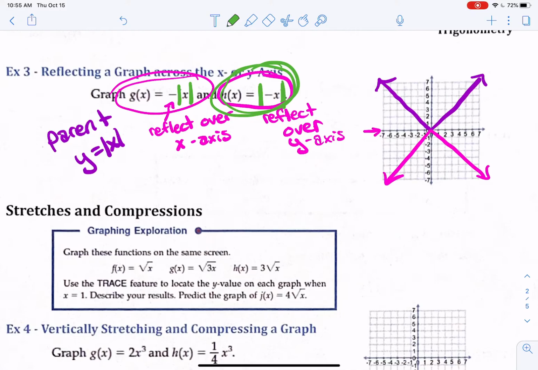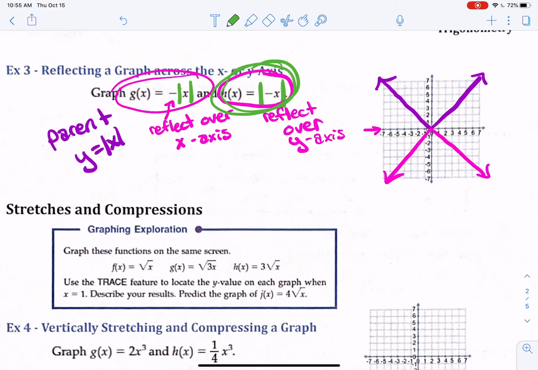Okay, now, the absolute value, let's talk about what happens with this. The absolute value of a negative number is the same thing as the absolute value of a positive number. So, like, let's say the absolute value of -2, that's going to be the same thing as the absolute value of +2.